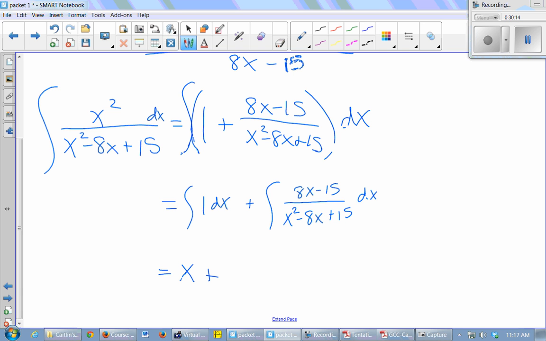And then I look at this new thing that I've got here, which does look hideous, but number 27 from the table is something linear over a factorable quadratic, right? And that's what we have here. So in this case, this is cx plus d, so c is 8 and d is negative 15. And then my denominator, when I factor it, a is 5 and b is 3.